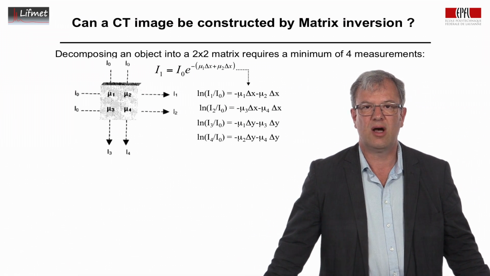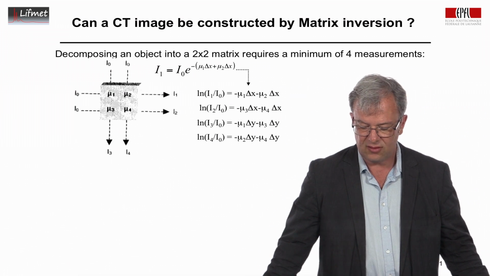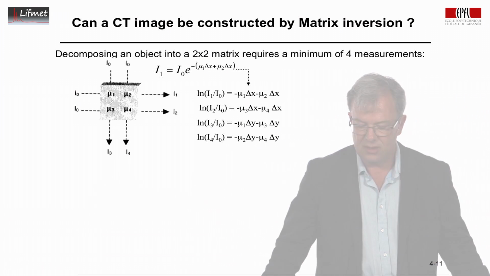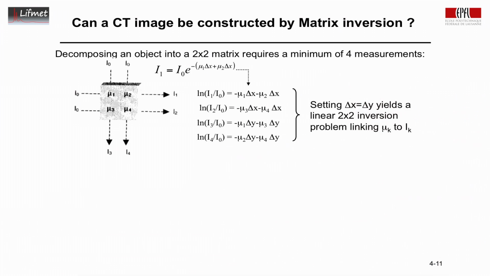If we set delta y equal to delta x, then we have a 2x2 inversion problem that links the mu k to I k. So we have 4 unknowns, 4 equations. That is something we can even imagine doing with paper and pencil. So from the intensities, we can get to the linear attenuation coefficients.